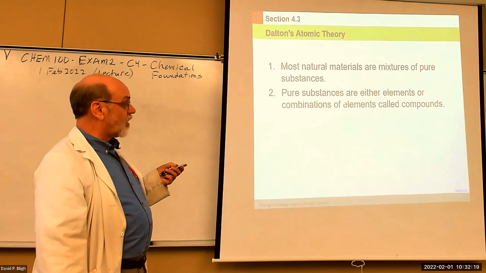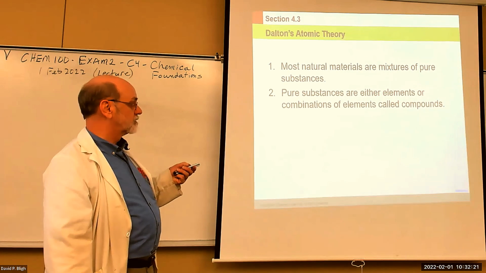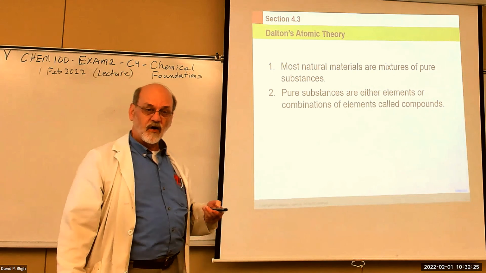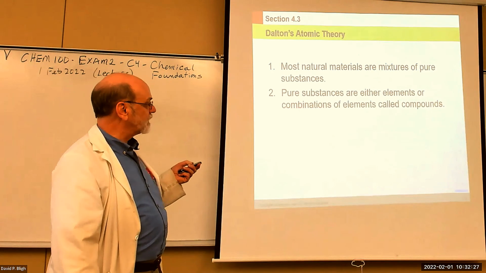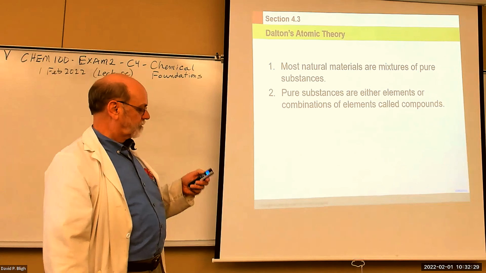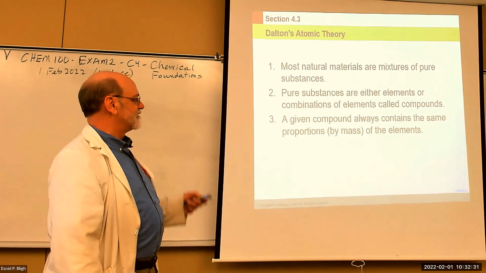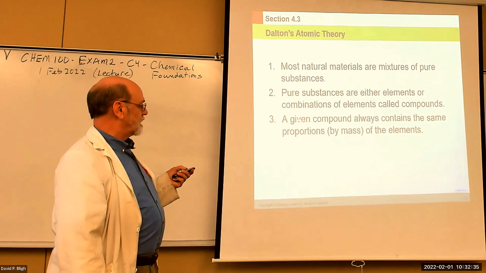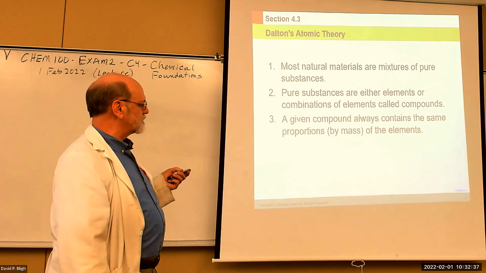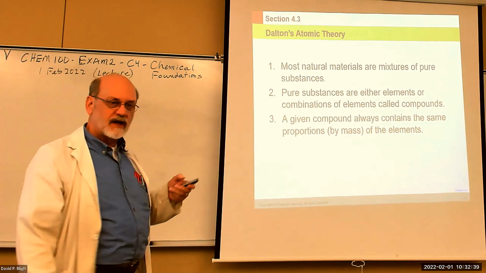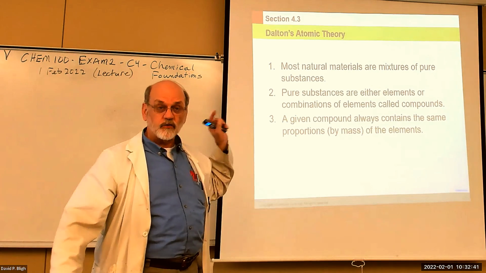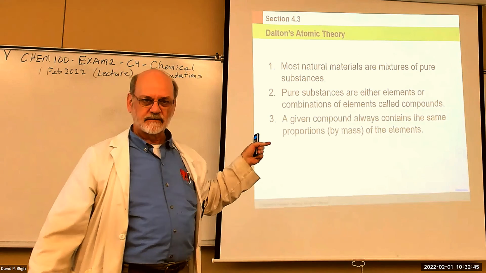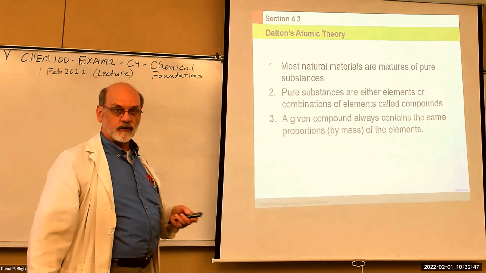Pure substances are either elements, right, that cannot be reduced any further by chemical means, or they're compounds, combinations of elements. And a given compound always contains the same proportion of masses of elements. In this case, he was just restating the law of definite proportions that Proust proposed.